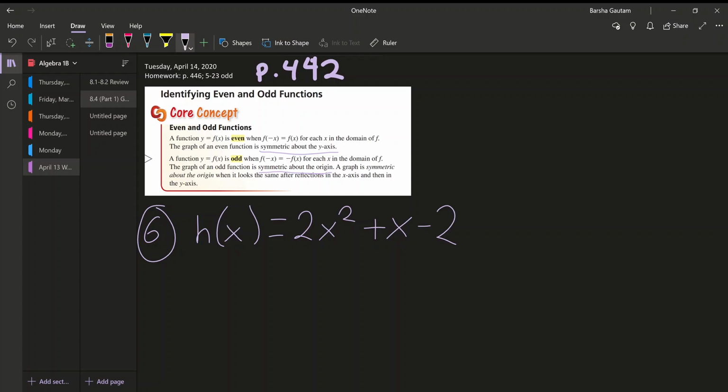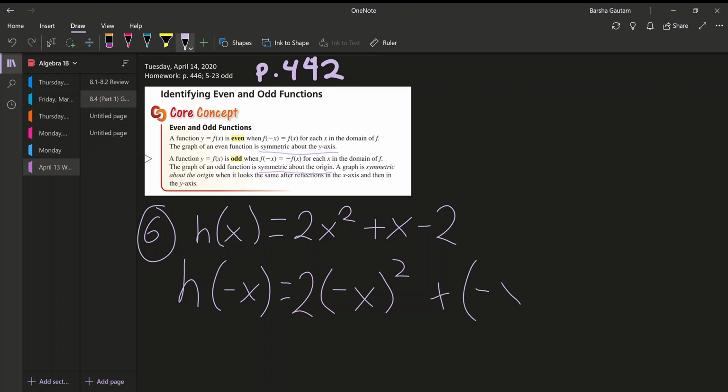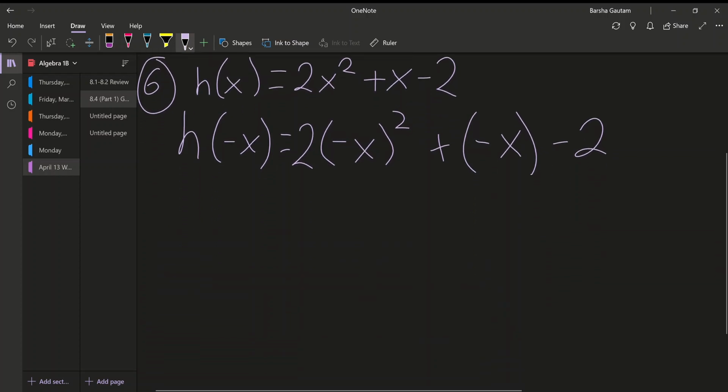Okay, so we're going to do the same thing again. We're going to replace x with negative x, right? Let's go ahead and replace all the x's. Minus 2.